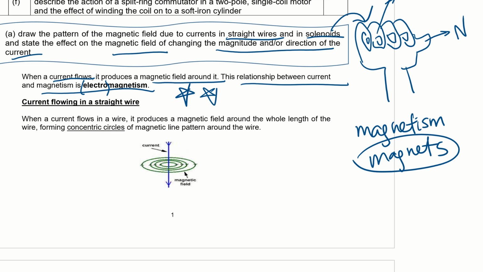Now we talk about current flowing in a straight wire. When a current flows in a straight wire, it produces a magnetic field around the whole length of the wire, forming concentric circles of magnetic field line pattern around the wire. Concentric circles are circles of increasing distance from one another.